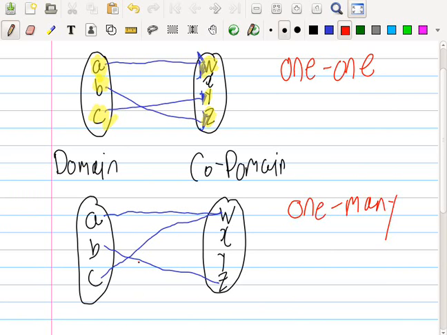Yeah, because each one value here, no, sorry, wrong way around. Many 1. Because many values here could go to one value here. So for example, you'll notice here that A goes to W, but also C goes to W. So many values here can go to one value here possibly, and B goes to Z. So this one's called a many 1. Many values possibly go into one value.